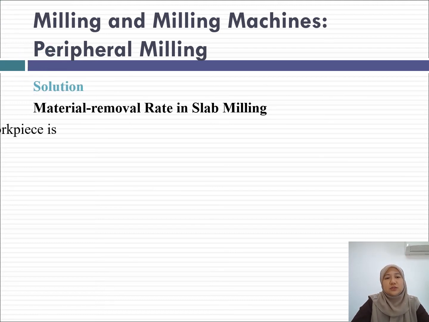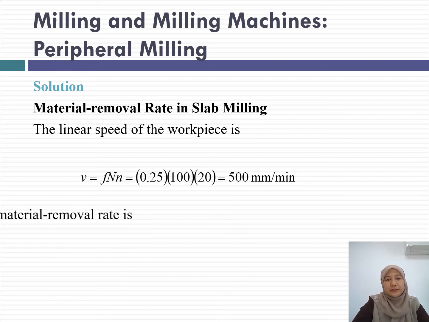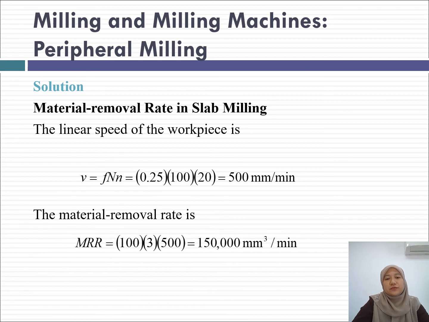Okay, so the solution for the exercise. We must calculate the cutting speed. We already have the information from the feed, spindle speed and number of teeth. So that gives you 500 mm per minute. For the material removal rate, go back to the equation.